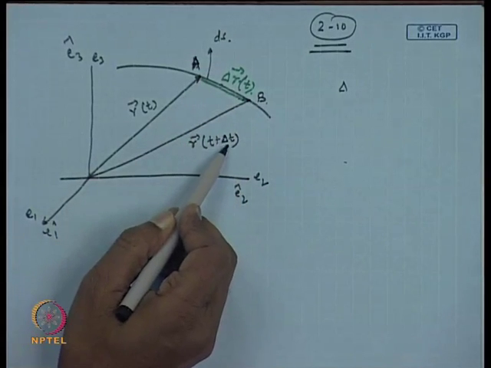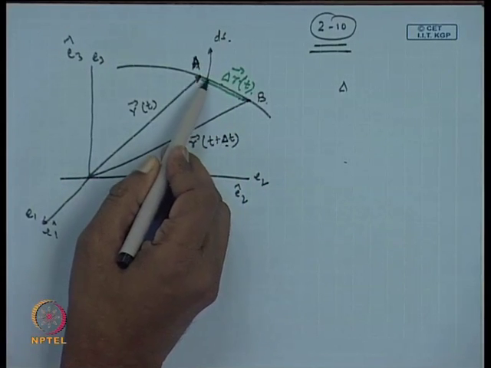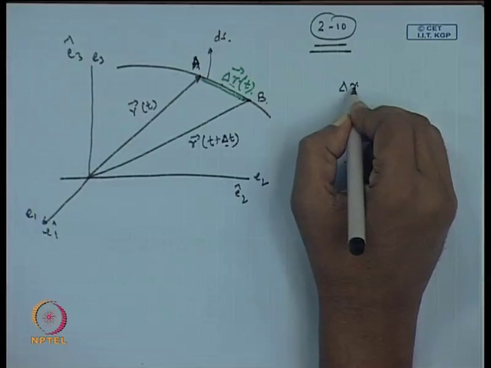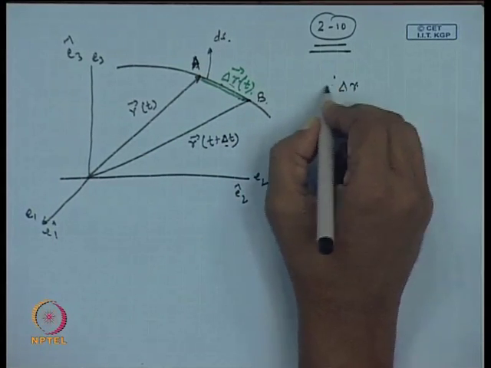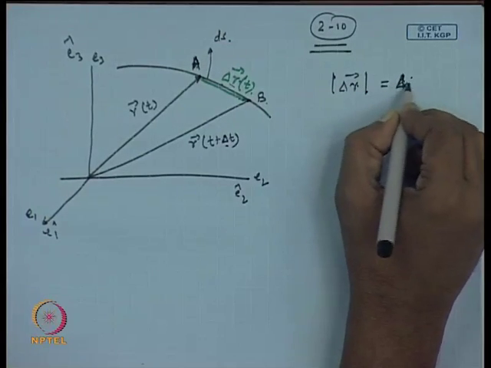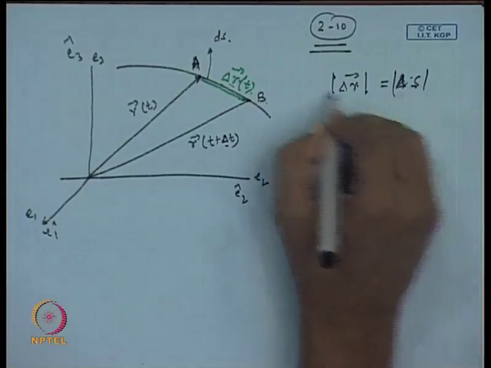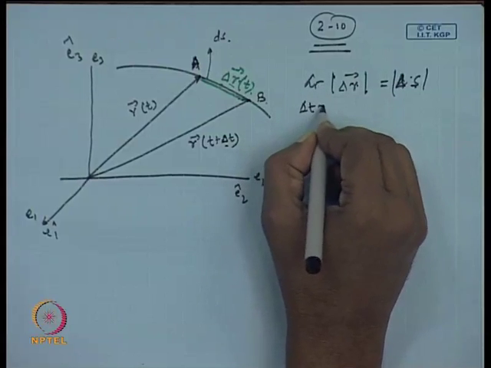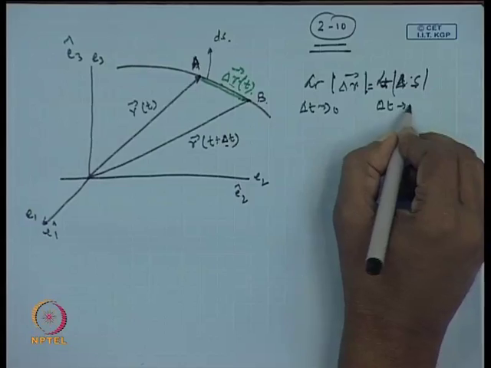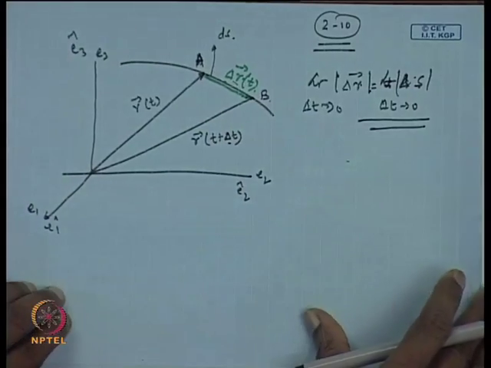If you reduce delta t towards 0, it will be closing to a. So, as it closes to a, dr magnitude becomes equal to delta s. In the limit delta t tends to 0, these are equal.